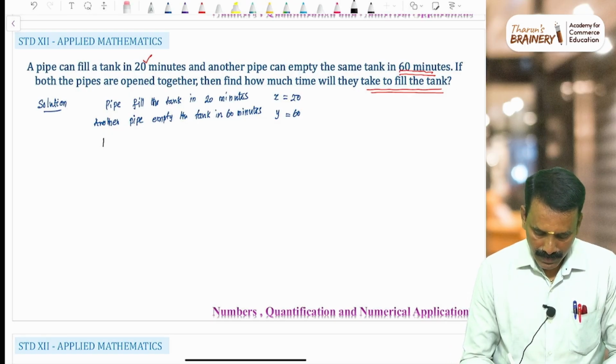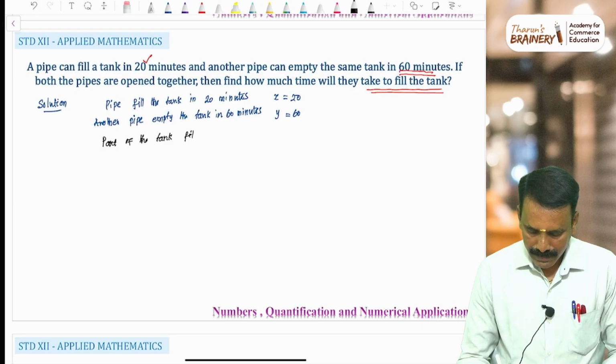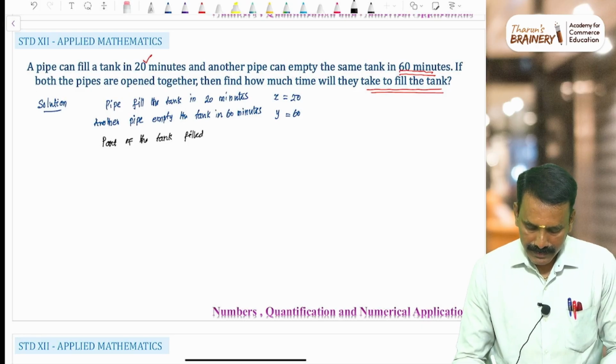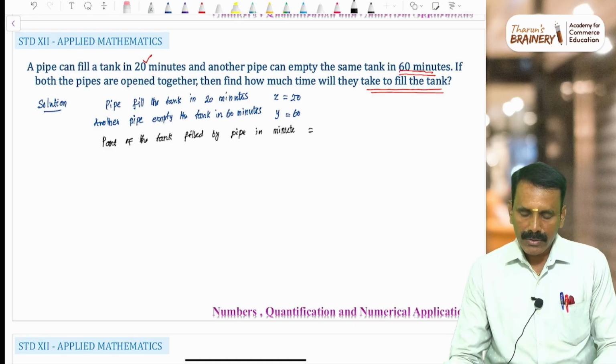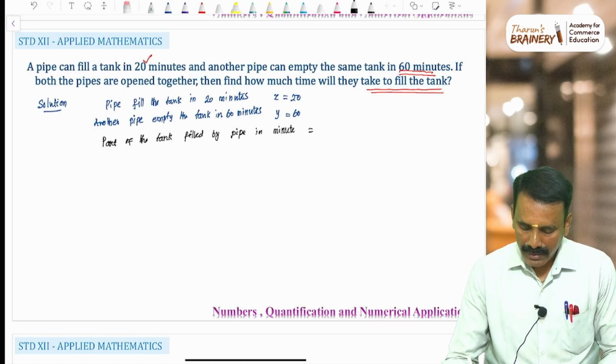Now, part of the tank filled by the pipe in 1 minute. So it takes 20 minutes to fill the tank. So in 1 minute it will fill 1 by 20 part.